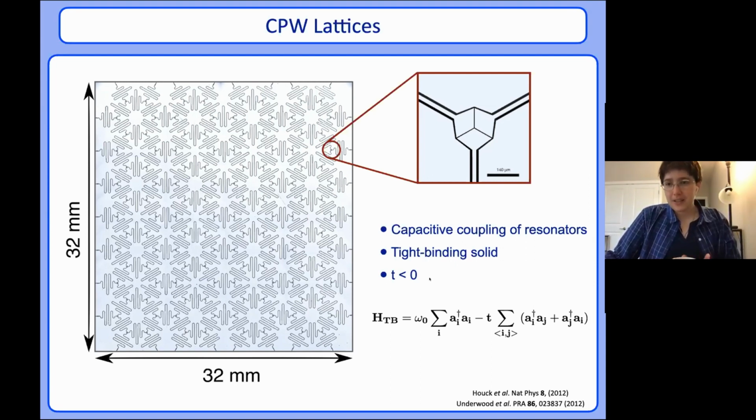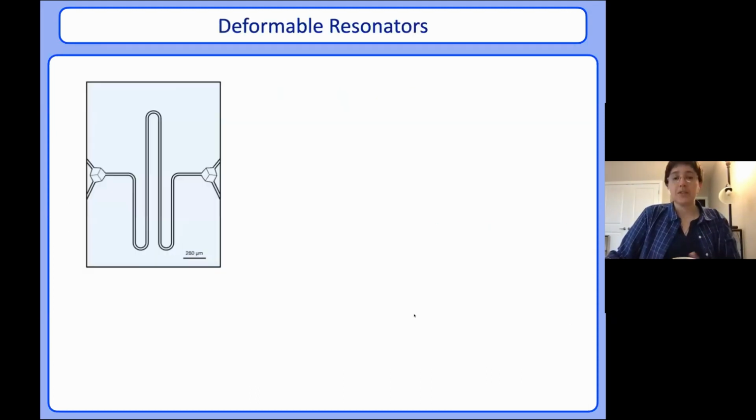In addition to this slightly incidental minus sign, there are really 2 key properties of these resonator lattices that allow us to go to new lattices. The first one is that this lattice site is in a certain sense deformable. What do I mean by that? Let's take a look. This is the CAD design for one of these resonators.